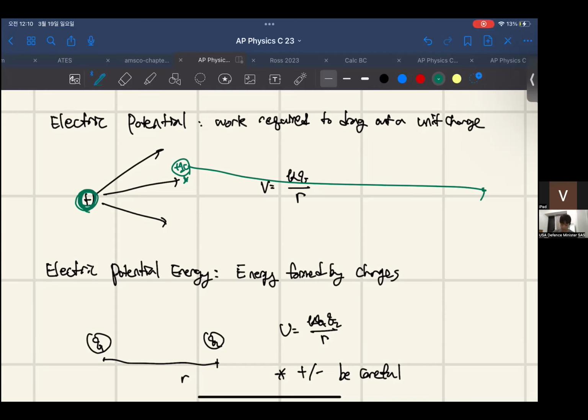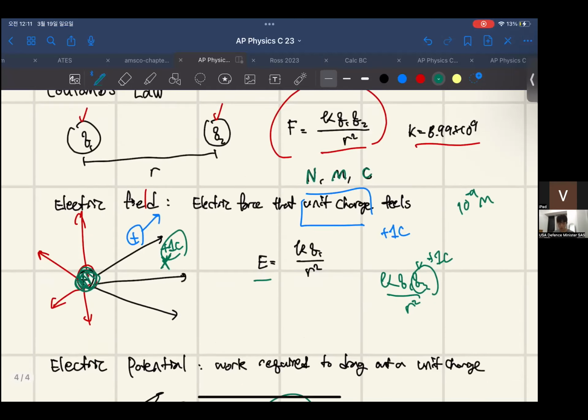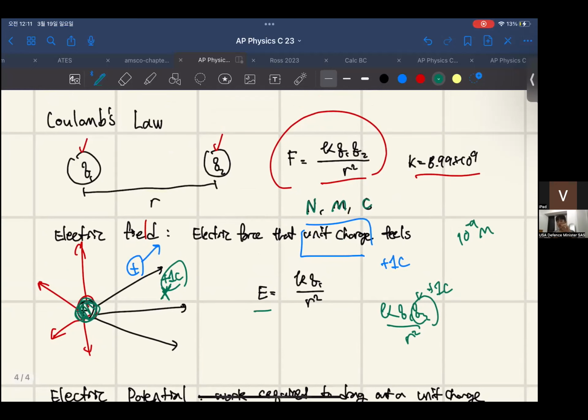Now, the formula for this, and by the way, for electric potential you use the letter V, is kQ over r. Now, I don't really have a way to help you memorize this because, unlike the above two formulas, which are in fact related, they're literally the same formula, except in the second one for the electric field you just plug in 1 for one of the Q's because it should be a unit charge and thus have a charge of +1 Coulomb.